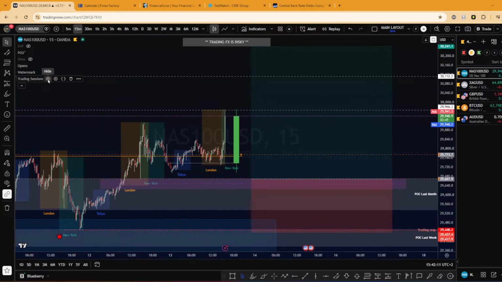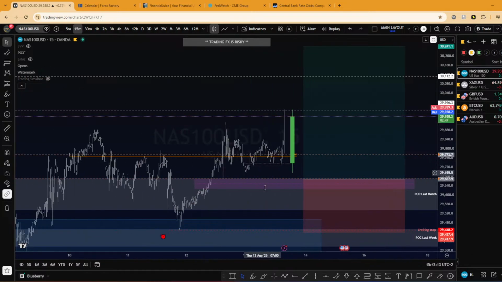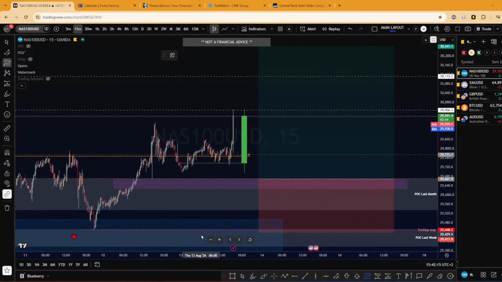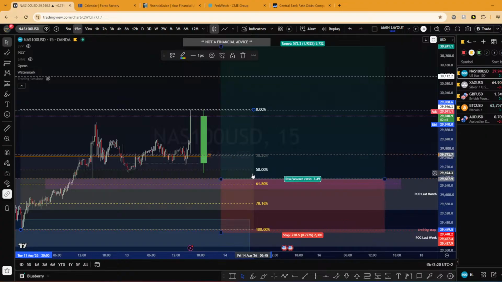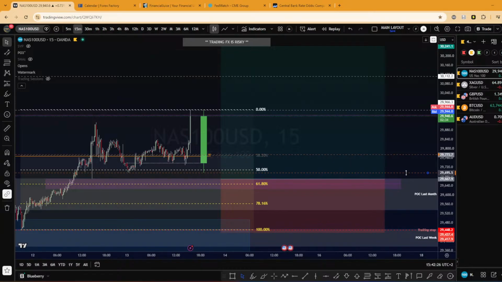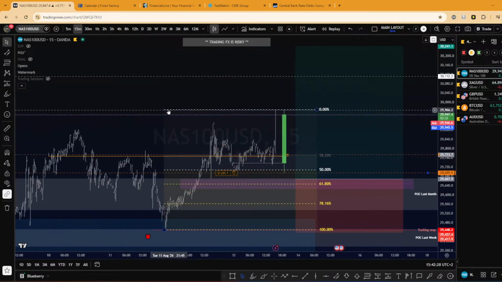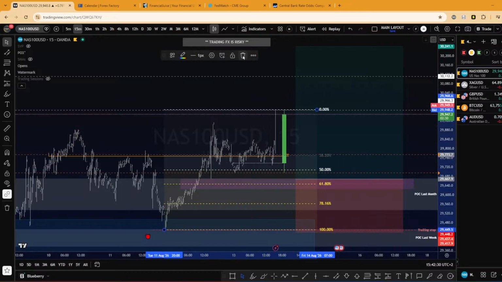So yeah, if we could have something like that, a retrace around 50% somewhere here, I will put my alert here, somewhere here. This will be very interesting for me.